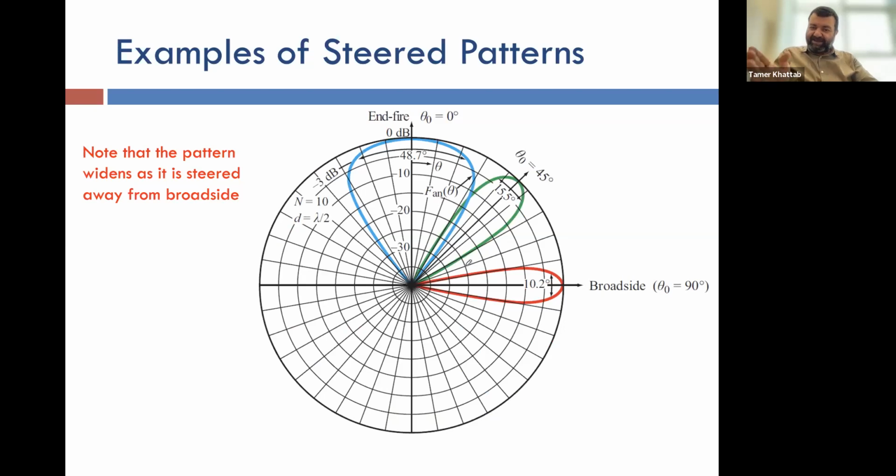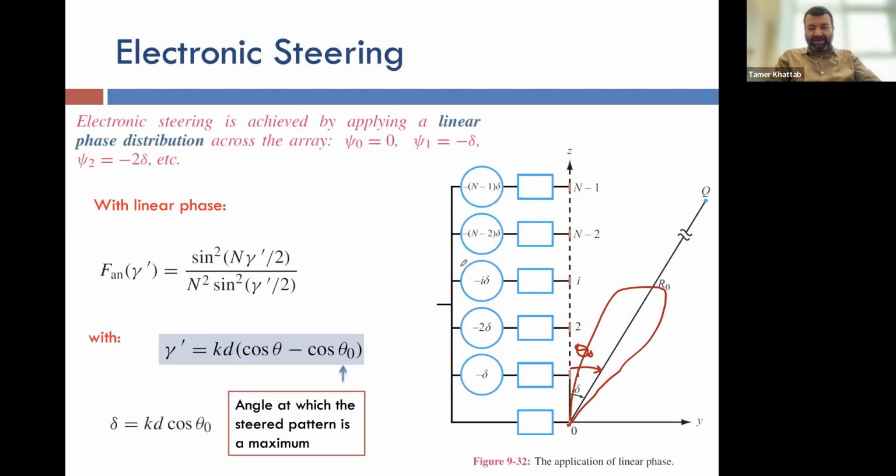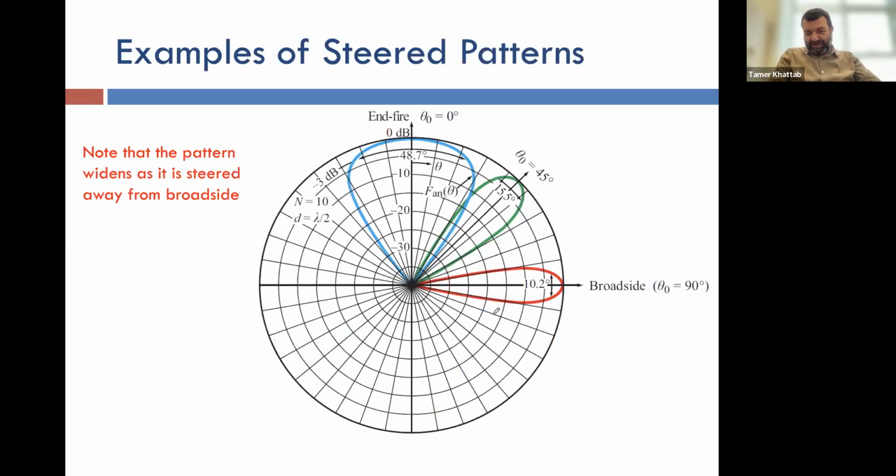This is effectively equivalent to taking the antenna array and rotating it, but now you are not doing it mechanically. You are just doing it by controlling those phase shift elements to be multiples of this value, delta, 2 delta, 3 delta, and so on, where delta is equal to this expression.